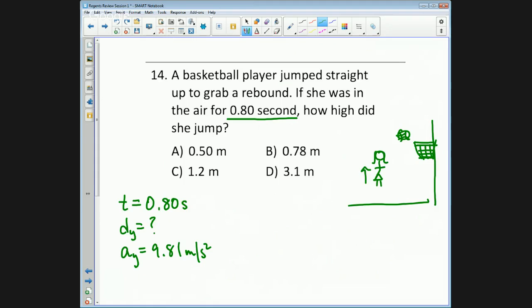So now what formula do we need to use here? Well, let's look on a reference table. So it has time, distance, and acceleration. Well, that one would be this one. D equals ViT plus 1/2 AT squared. I hope.